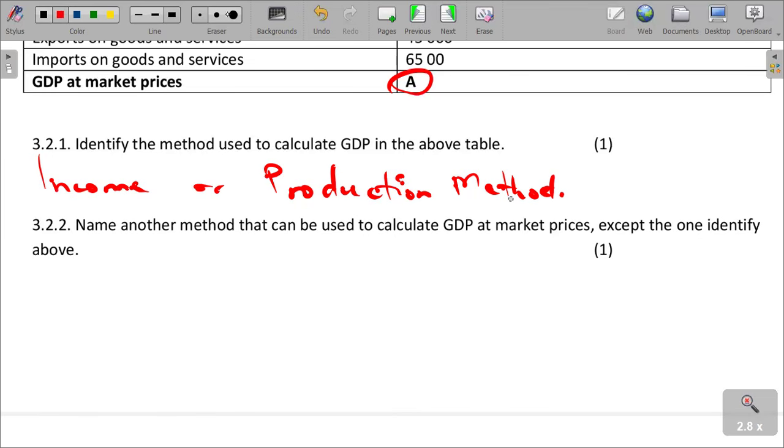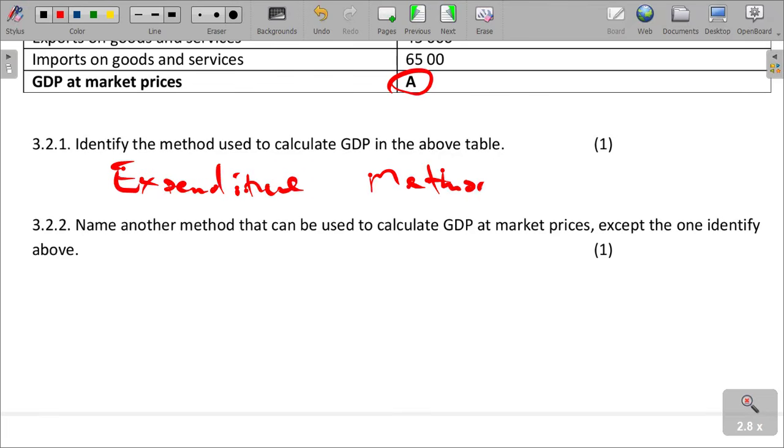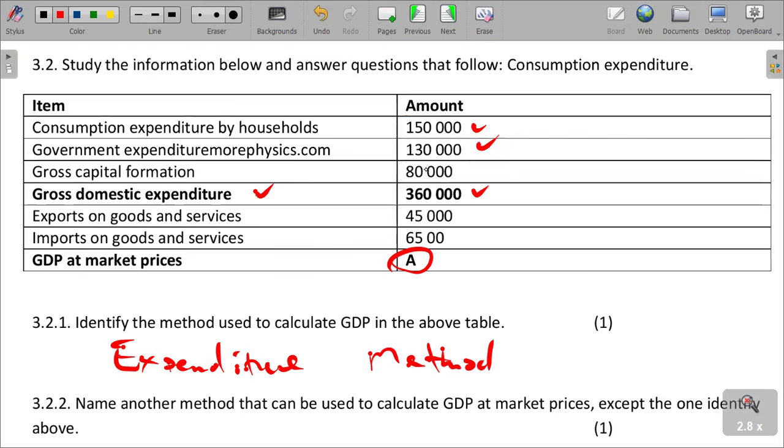We also need to understand that, in terms of this, we are saying this is the expenditure method, which has been given in this case.